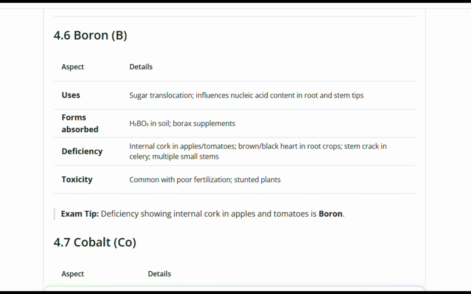Deficiency. What is the deficiency? Internal cork in apples and tomatoes, brown or black heart in root crops, stem crack in celery, right? Toxicity is common with poor fertilization, and it will result in stunted plants.